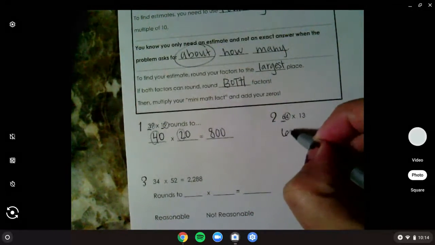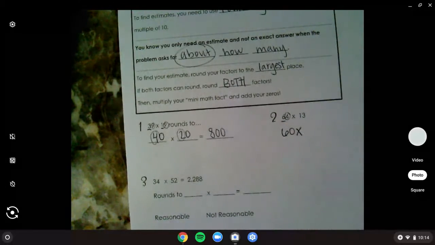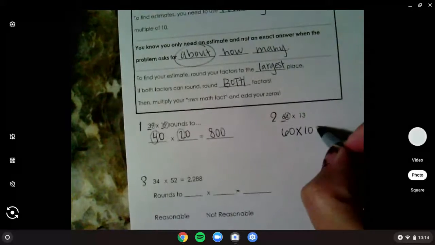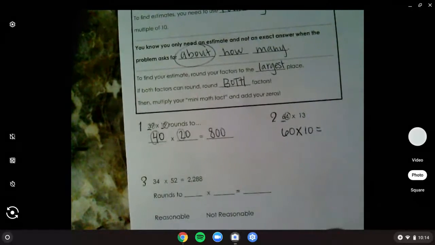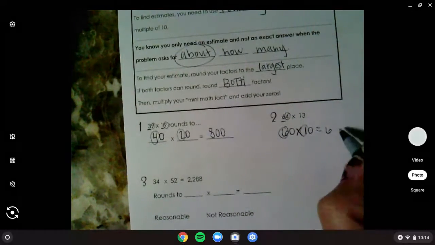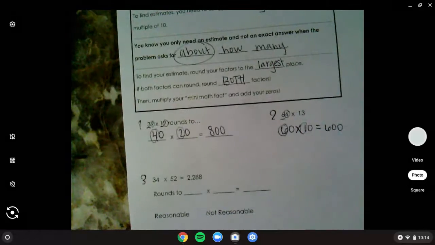So this rounds to 60. And I want to write this just underneath it. Times 13. What should 13 round to? 13 would round to 10. Yep. All right. And then if we multiply this, 6 times 1, my mini math fact, is 6, and I add 2 zeros, so that should be 600, about 600.